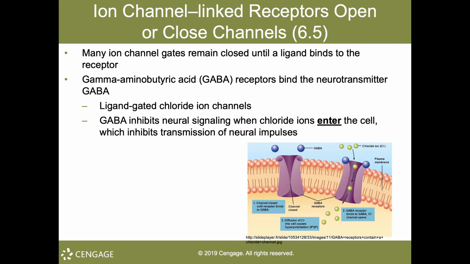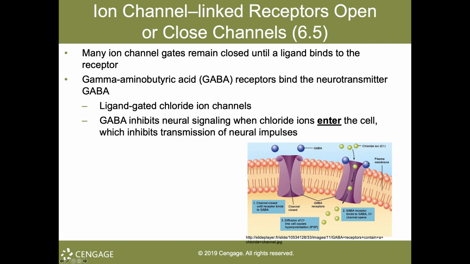And that influx of positively charged sodium ions led to an electrical signal or an electrical impulse in that cell. Whereas in this example, we are showing GABA, which is another neurotransmitter that can bind to a ligand-gated channel.